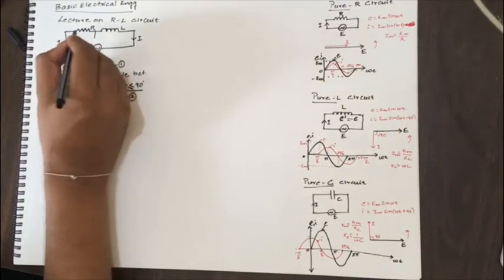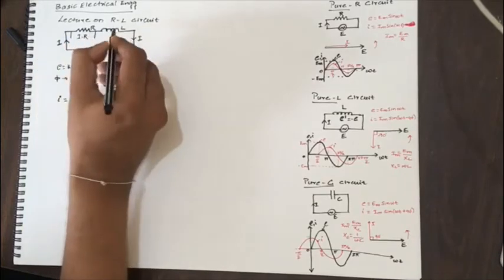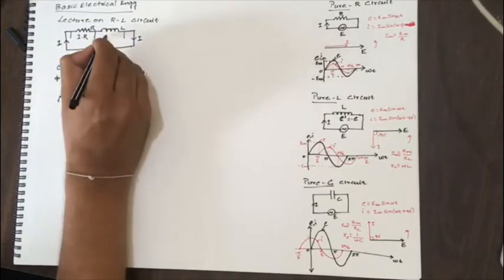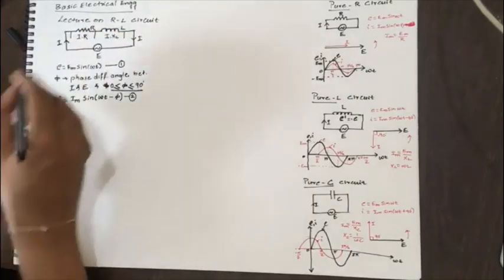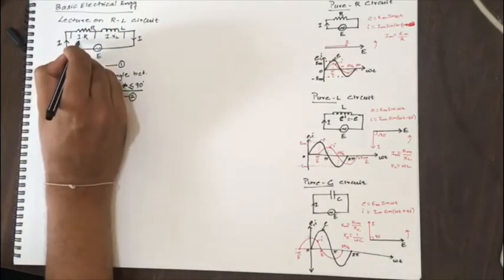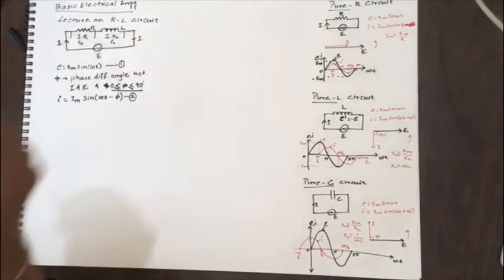Now the voltage drop across R is I into R, and here the voltage drop is I into XL. For a moment I will take this as ER and this as EL.